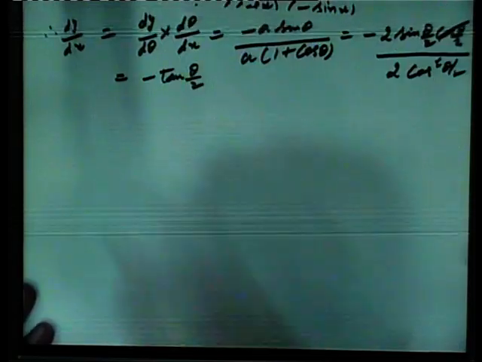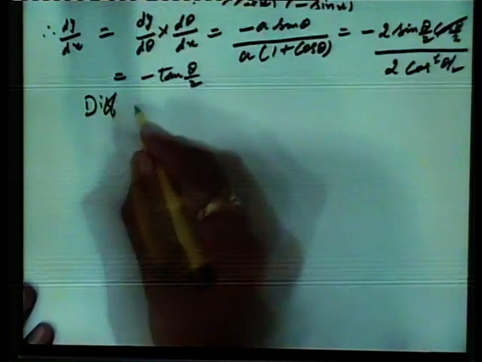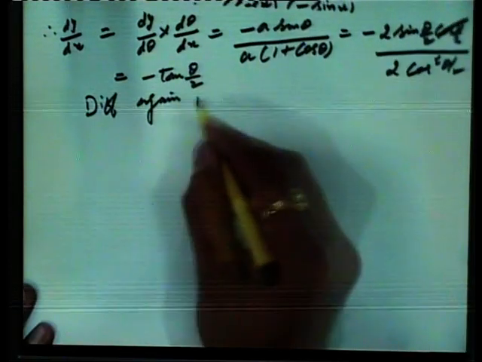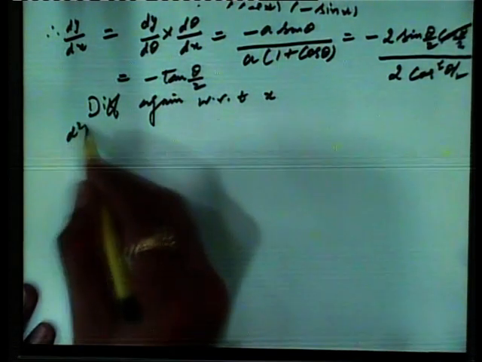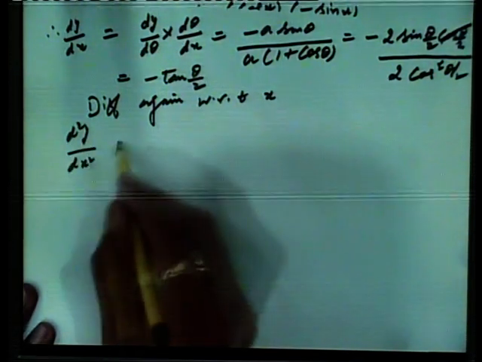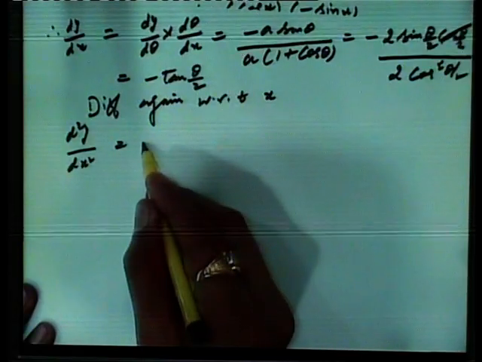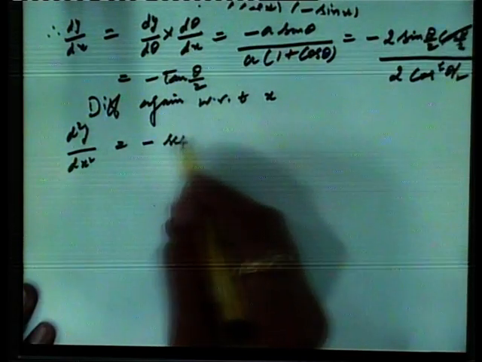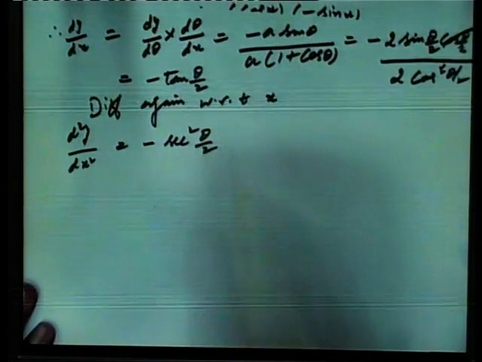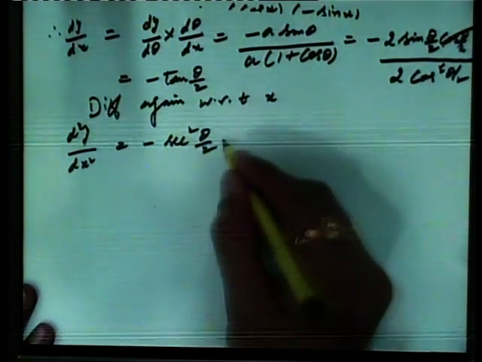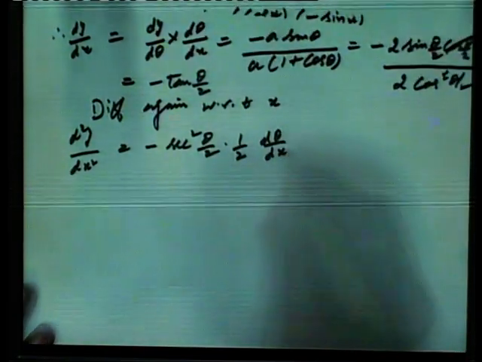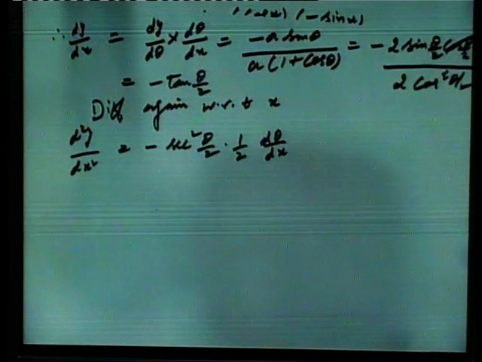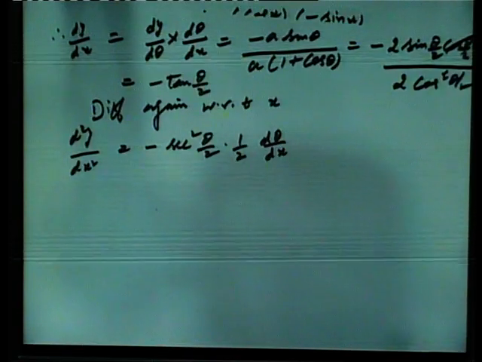Now, we want to find out y2. So, differentiate again with respect to x. Therefore, d2y by dx square is equal to minus the differentiation of tan theta by 2, which is secant square theta by 2 into 1 by 2 into d theta by dx.